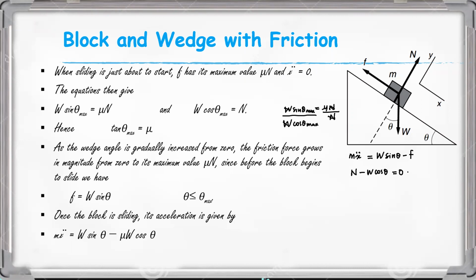Then here we write m x double dot is equal to W sin theta minus mu N. Okay, this is the general expression. So here we apply W sin theta minus mu, and in the place of N, we substitute W cos theta.